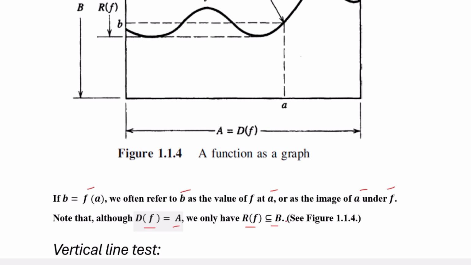Actually, when you define a function from set A to set B, it is possible that some extra elements are present in set B. So actually set B is called the codomain.